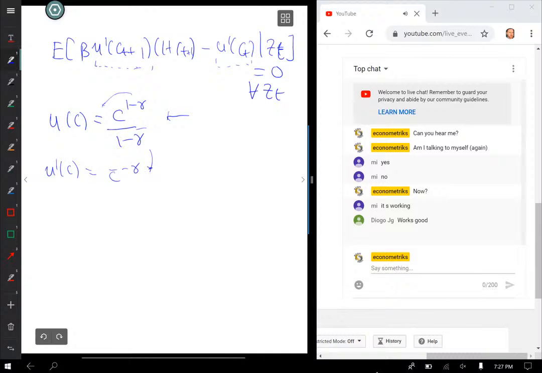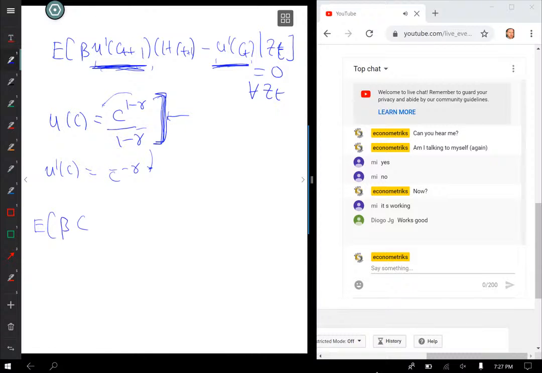So evaluate this at ct plus 1 and ct. As it was written generally, we can't really estimate that without saying something about the utility function. So we have to make some restrictions on the kind of utility function this is, and we're going to say we know what the utility function is up to some parameter gamma. Once we know the relative risk aversion coefficient, then we've got the utility function.